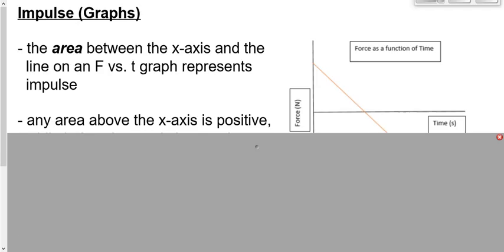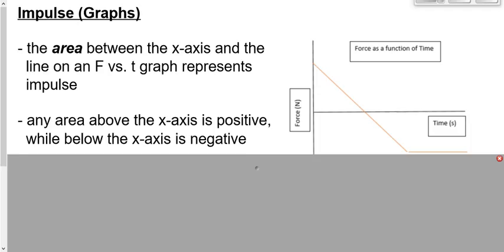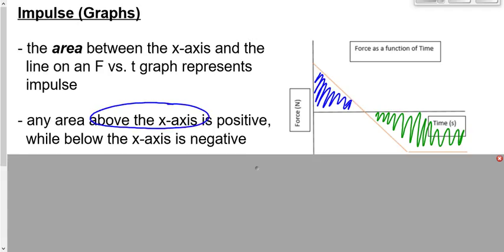Area equals impulse. Now, you see in the graph that I have up on the board right now, there is some of the line that is above the x-axis, right here, and we have some of the line that is below the x-axis, right here. The area that is above the x-axis is going to be positive. And the area that is below the x-axis, we're going to make negative.